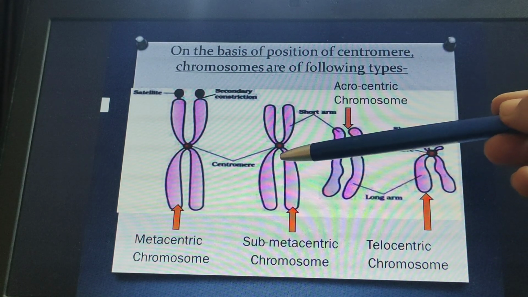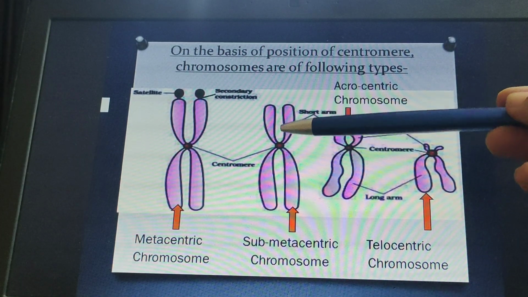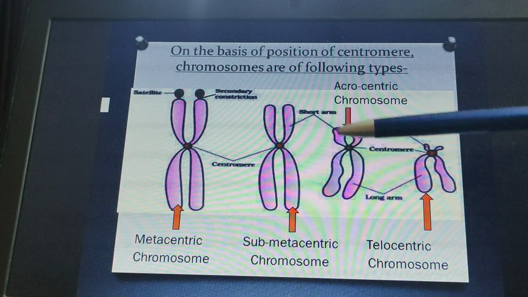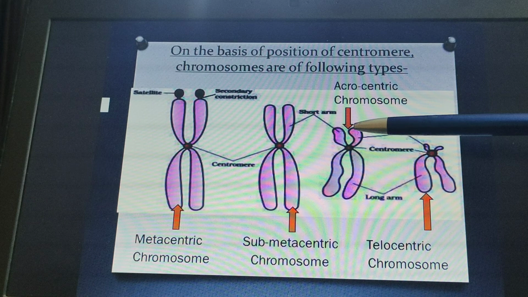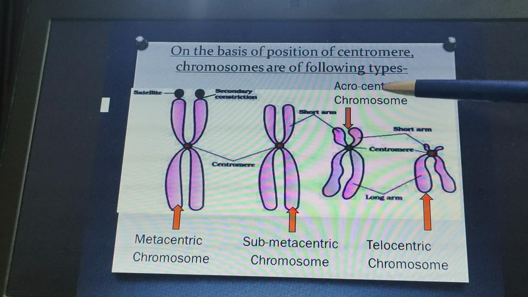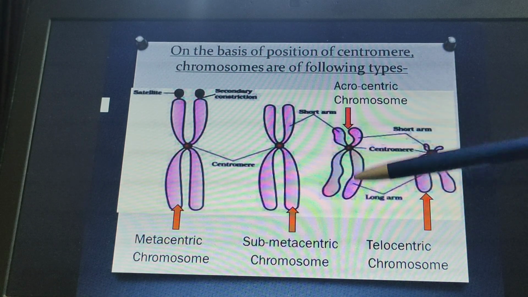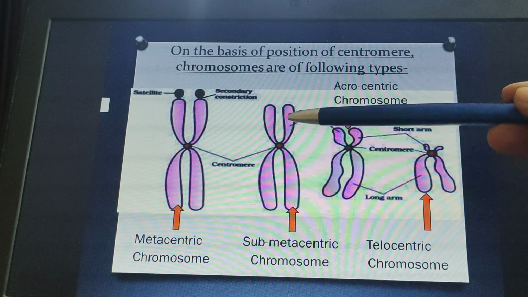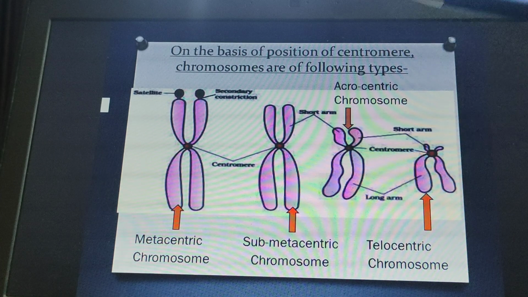When it is slightly away from the center towards one side, this is called the submetacentric chromosome. When it is shifting more towards the margins, it is called the acrocentric chromosome. Now the two arms of the chromatids are totally unequal. Here they are slightly unequal, here entirely unequal.